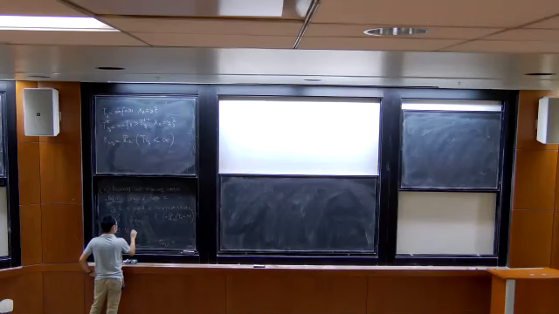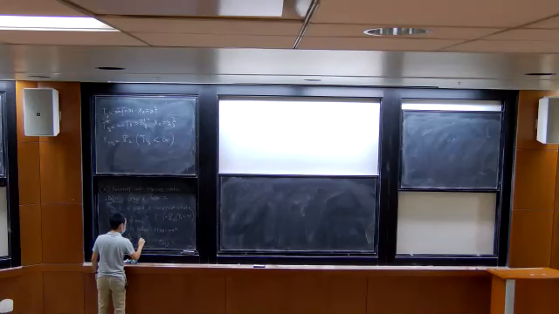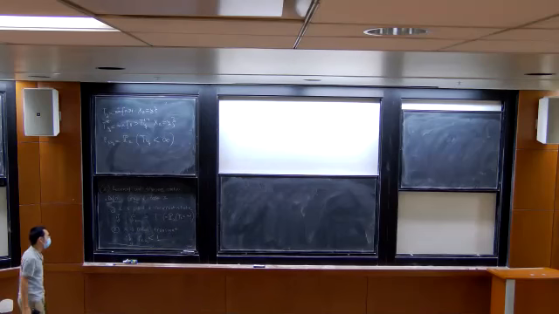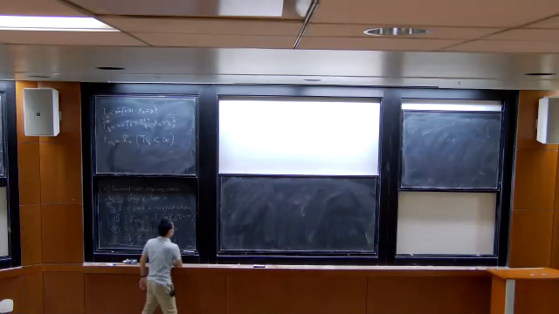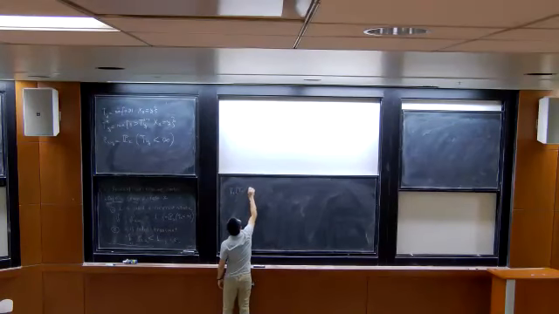So x is called transient if ρ_xx is strictly less than 1. In other words, there is a chance, the probability of starting from x and never returning to x.